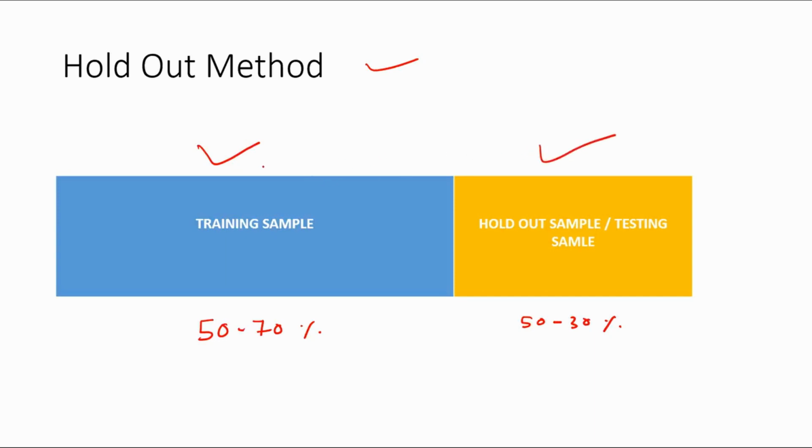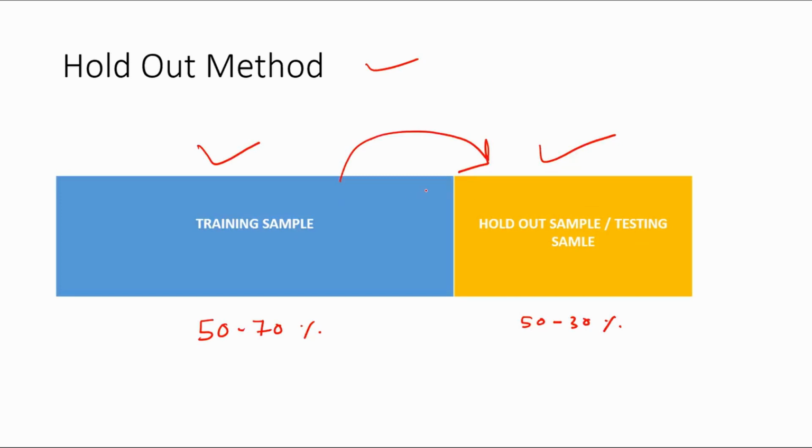The first subsample, you call it the training sample. You use that sample to build a model, and you have another subsample which is not part of the training sample, and you call that the holdout sample, and you test your model in the holdout sample. We also call that the testing sample.